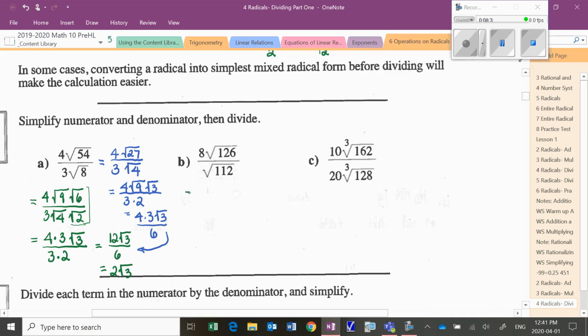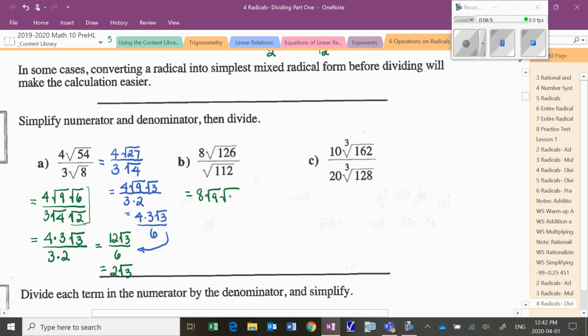So in this particular case, if we simplified 8 root 126, then you might see that 126, 9 goes in. Some people might know that, and other people might not, in which case this method may not be the best way for you.